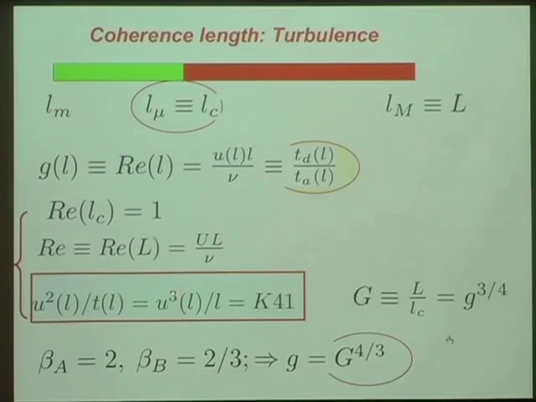That means that the velocity scales like, kappa 41 is a constant, the length to the power 1/3, which is a far cry from U(L) constant or U(L) power. Now, this has very important consequences.